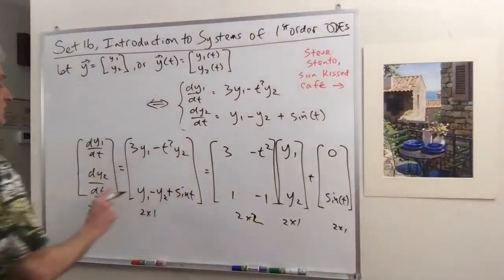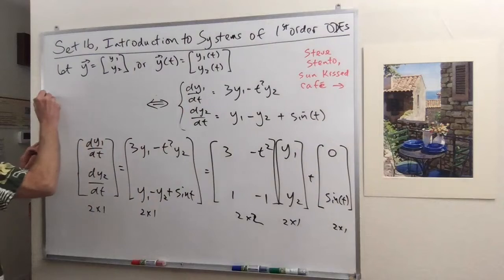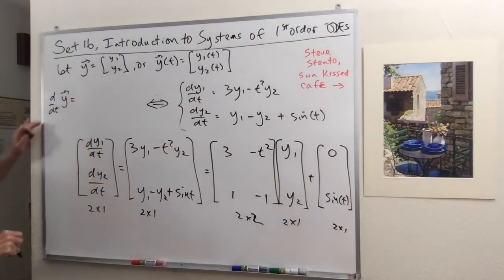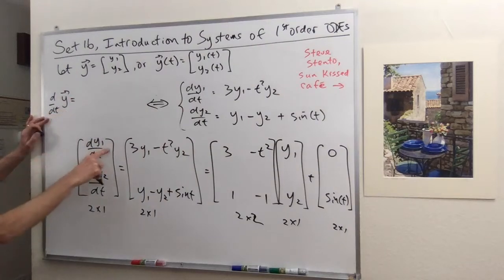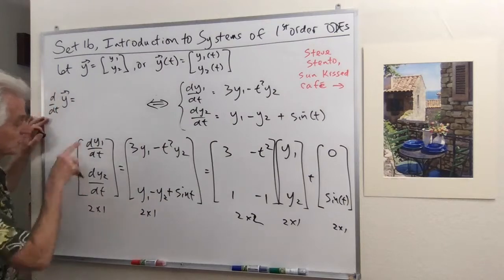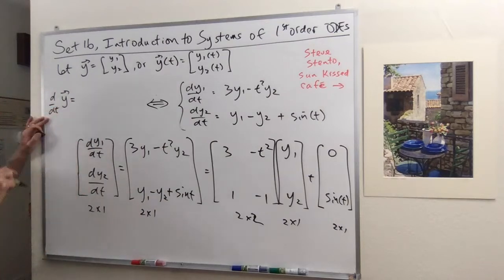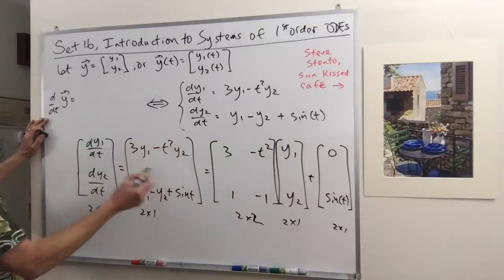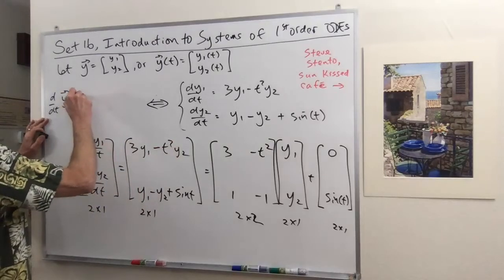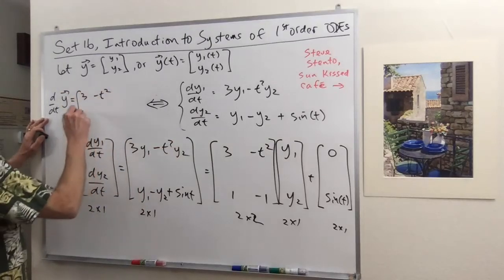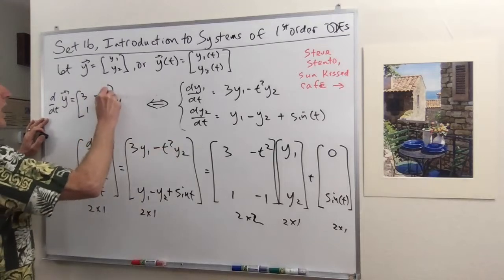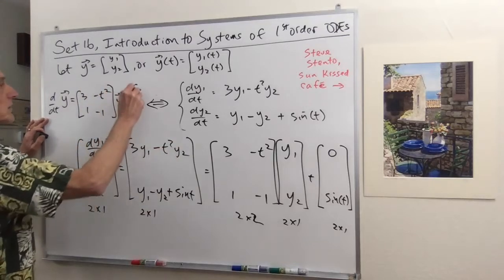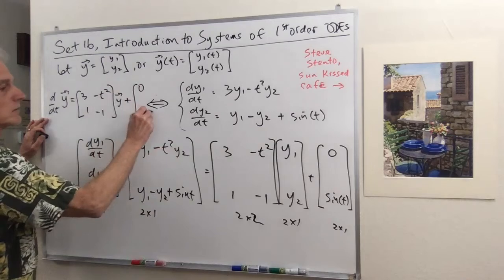So I can write this whole thing as d/dt of y, the derivative of the vector, which is the derivative of the first component and the derivative of the second component. It's the two components of dy/dt. And then that is equal to 3, minus t squared, 1, minus 1, times y, plus 0, sine of t.